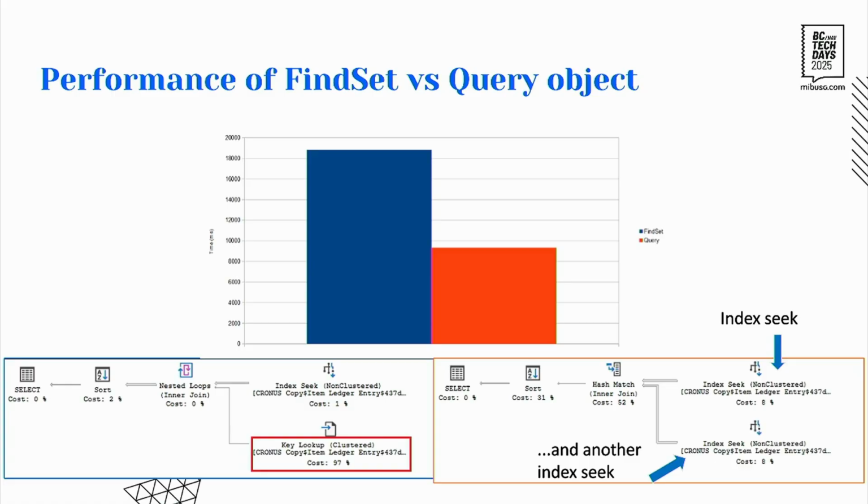And in this case, SQL Server has to do this hash match, building a large hash table to join all this data. But still, it is more efficient than the key lookup. Okay, so that's an illustration of a covering index and how we can use it with a query object versus FindSet.